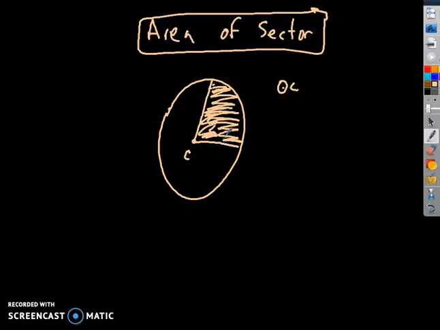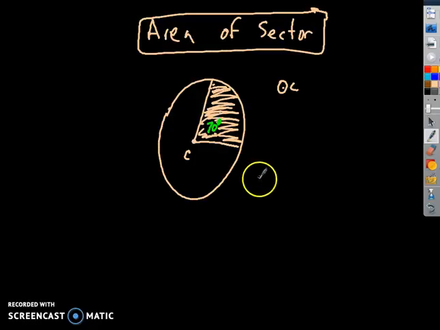In order to find that, I would need to know what this angle is. And let's say that angle is 70 degrees, right? So you want to find the area of that sector.